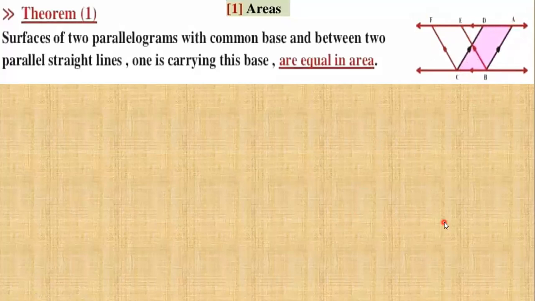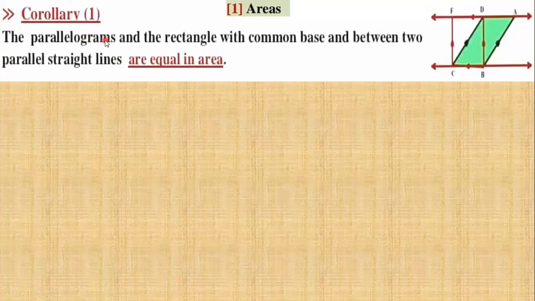Next one. Parallelograms that have equal bases and are between two parallel straight lines are equal in area. Here, for example, parallelogram ABCD and rectangle ABCD are constructed on the same base. They are also between two parallel straight lines.